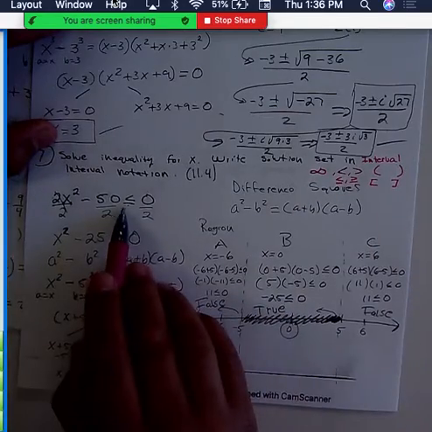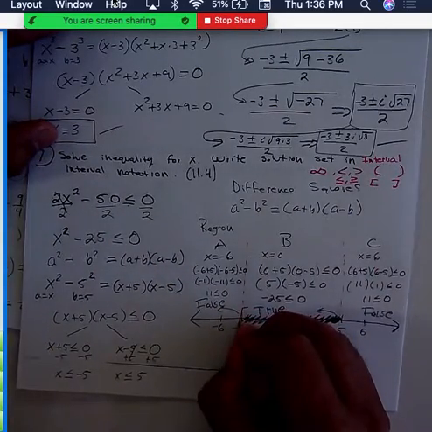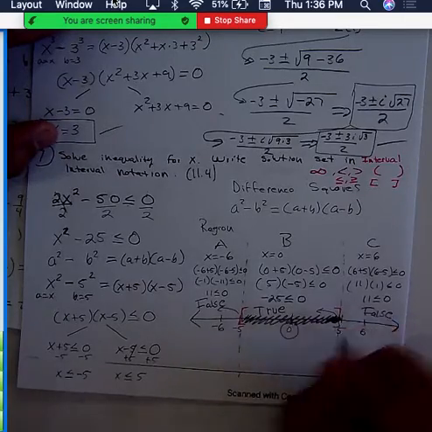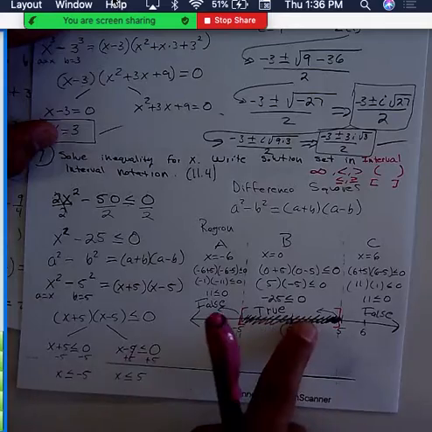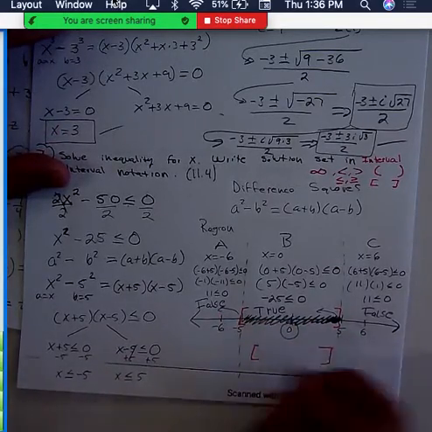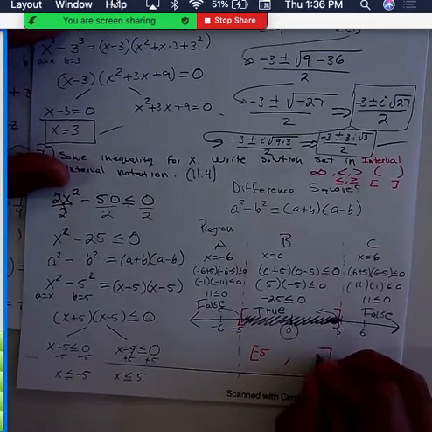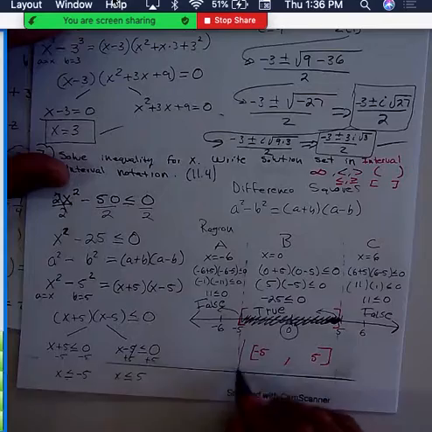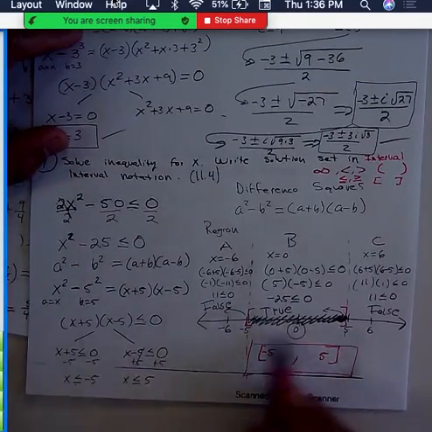Look, it has the equal sign. So we're using brackets. This bracket is not facing this way. We proved that it's facing that way. So the interval notation would be brackets, negative 5, comma, positive 5. That's the solution for this in interval notation, and this is the solution graphically.